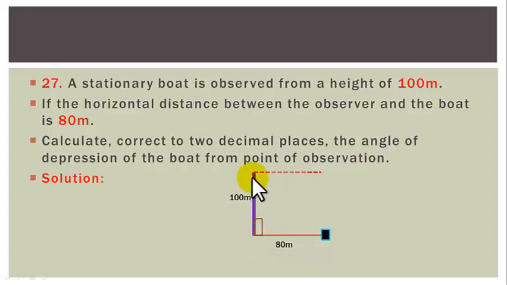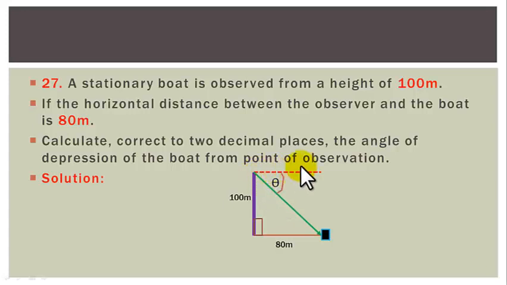Let this be the eye level of the observer, and this be the direction of view. Then the angle between the eye level and the direction of view is what we refer to as angle of depression, and let this angle be denoted by theta.